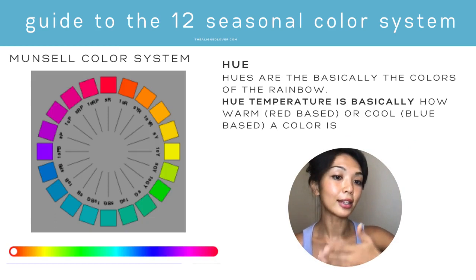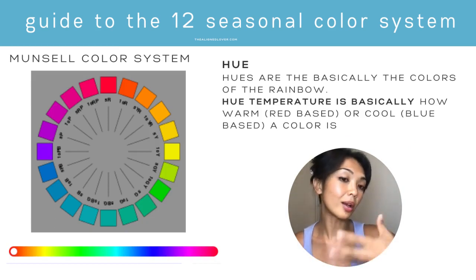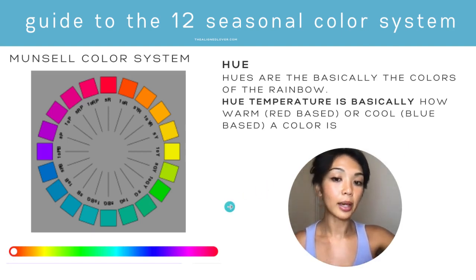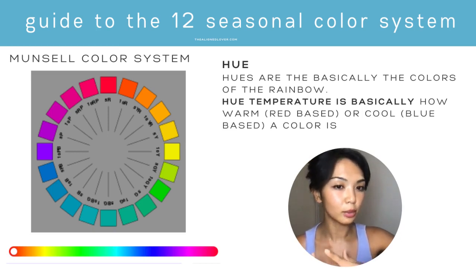Alright, so let's look at hue. Hue is basically what color of the rainbow the color is. I have added this spectrum of the rainbow scale for reference because that is very useful when appraising hue temperature, a little bit more subjective.